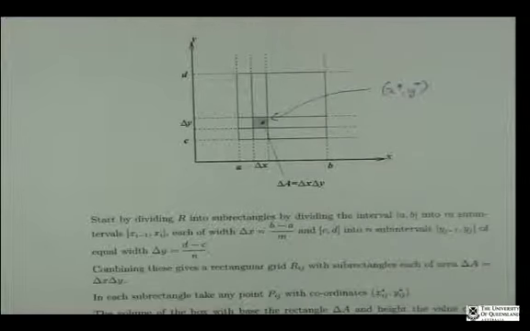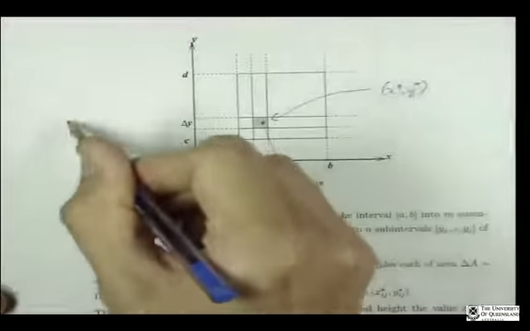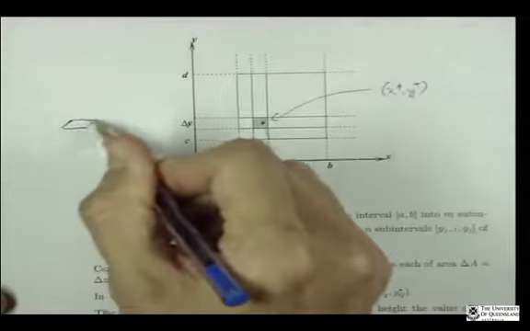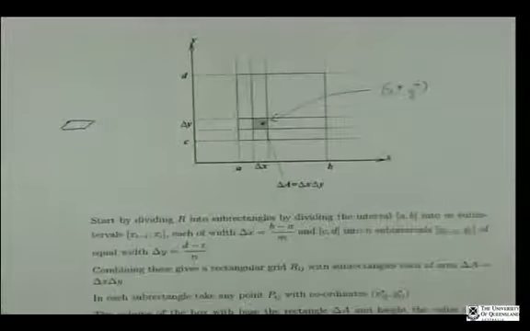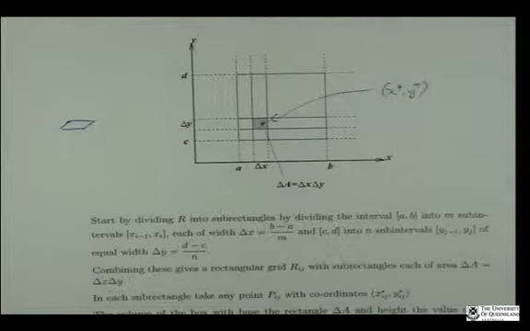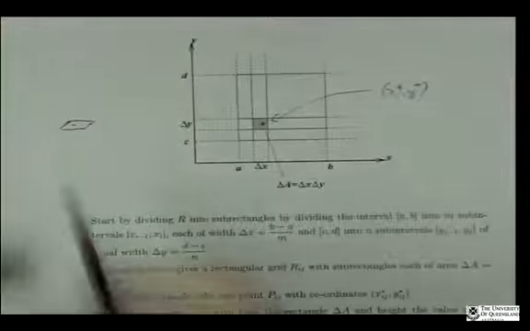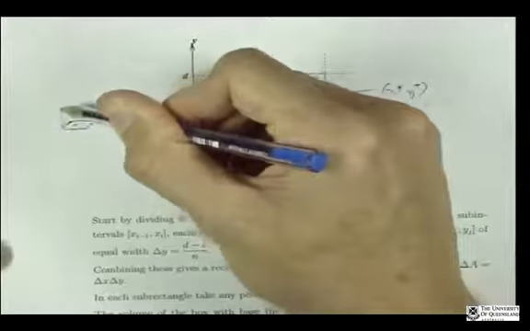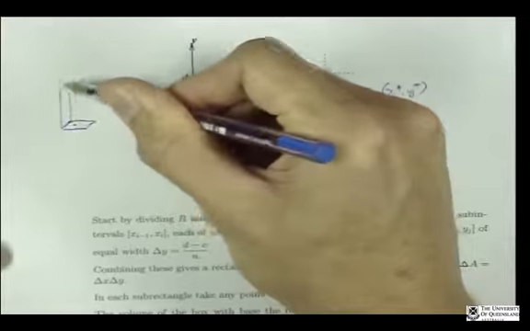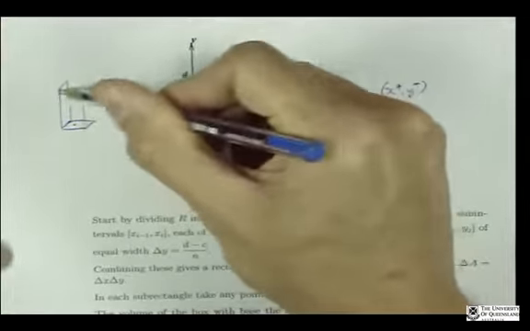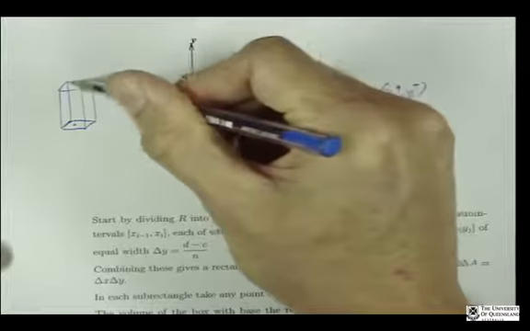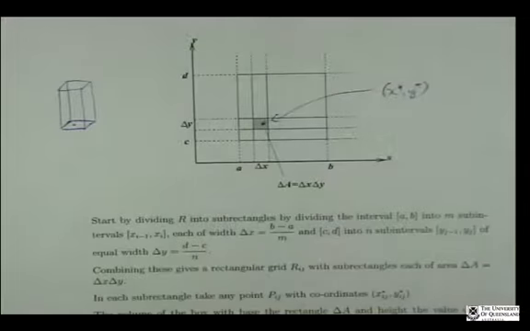And actually the strategy here is that, if this is the grid square that I'm drawing here, that's the grid square in the xy plane. So I've got my representative point somewhere in there. I'm going to evaluate the function at that point, and I do apologise for my three-dimensional drawings.